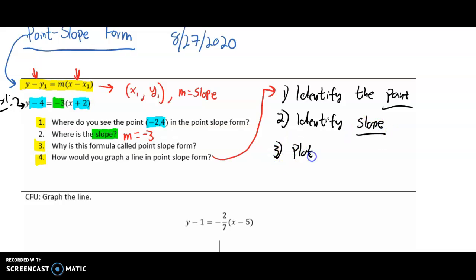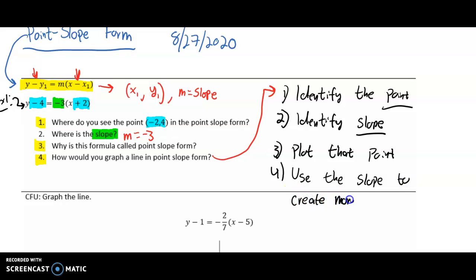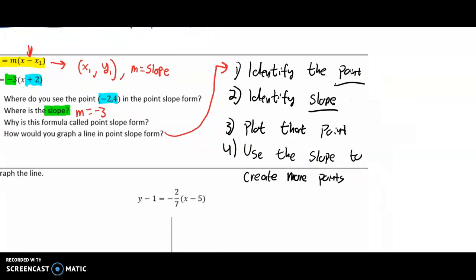I would plot that point. And then lastly, use that slope to create more points. All right, reminder that our slope is rise over run, and that's how we utilize it to create more points.